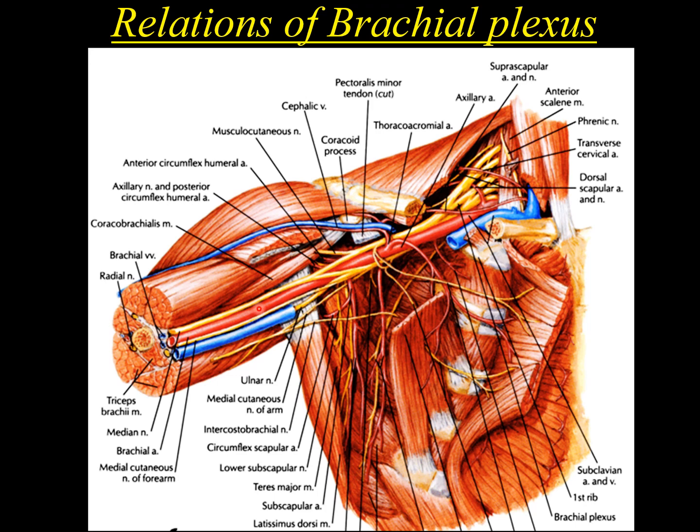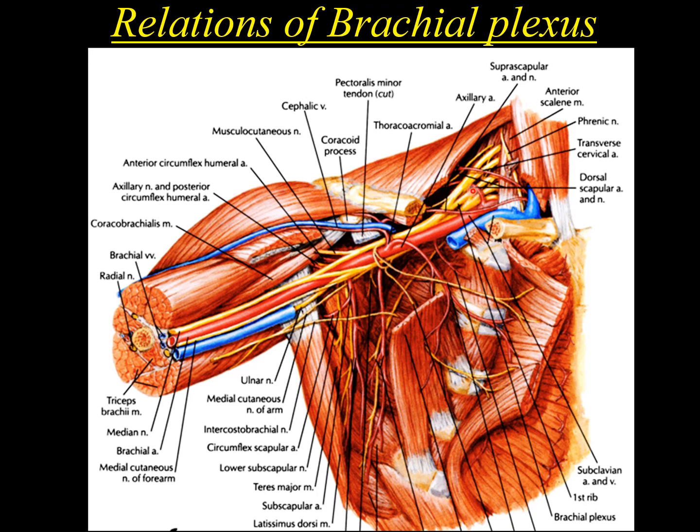So here a very important question arises: why are the plexuses formed in the body? Now, the roots which are coming out from here all carry different types of fibers. Some are carrying fibers for the flexor muscles and some are taking fibers for the extensor muscles.